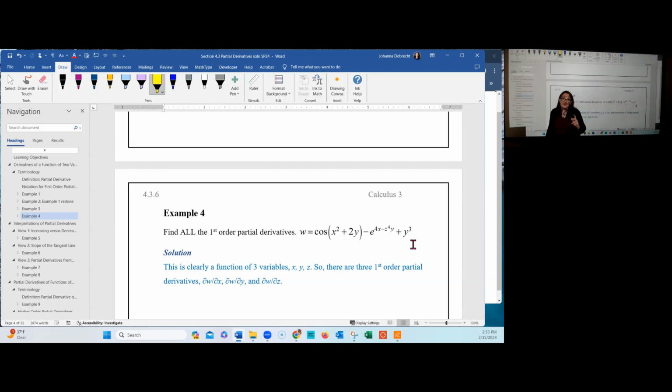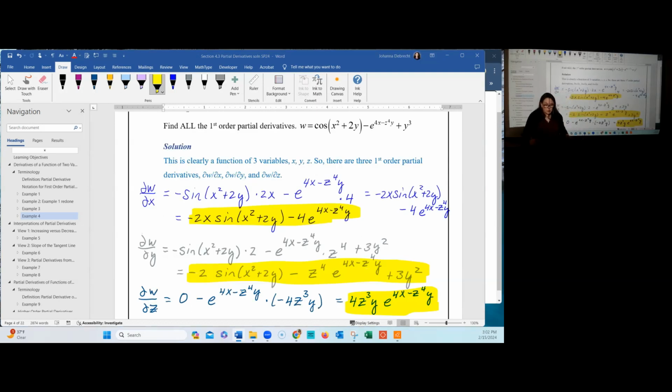So when we take the partial derivatives, because it has 3 independent variables, we'll need 3 partial derivatives. That would be the partial with respect to x, the partial with respect to y, and the partial with respect to z. Go ahead and attempt examples 3 and 4 on your own, then turn the video back on so we can compare our answers.